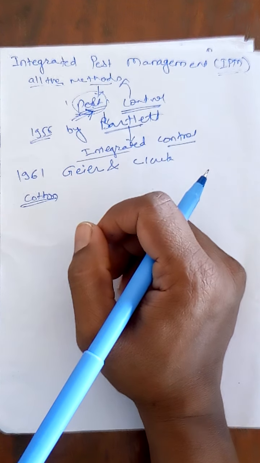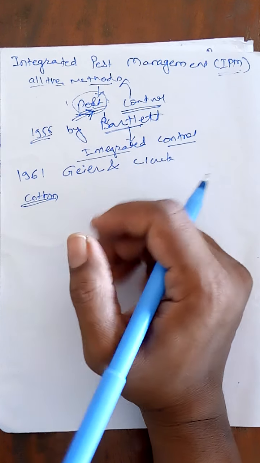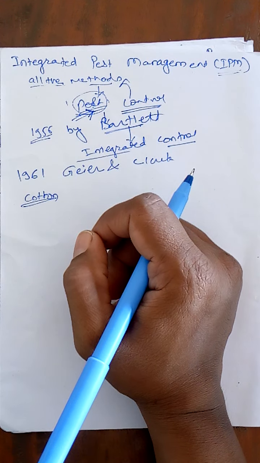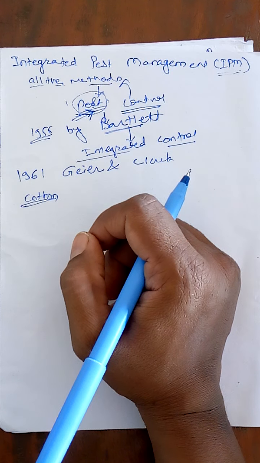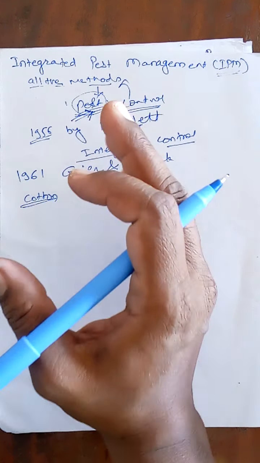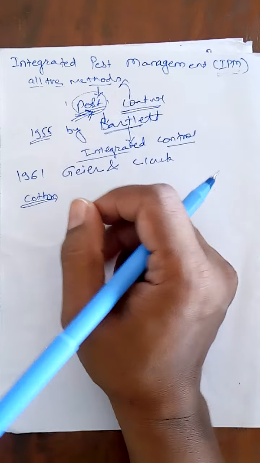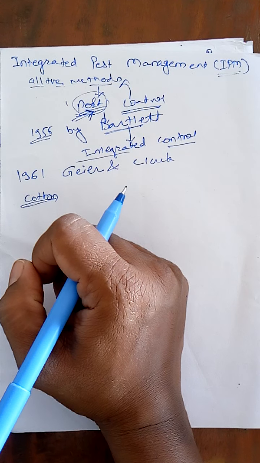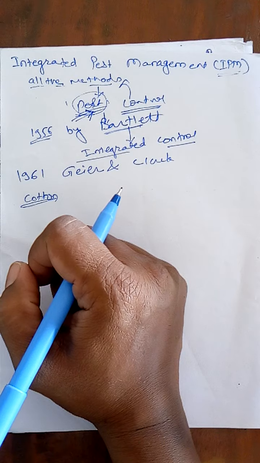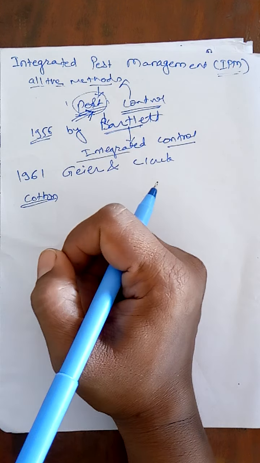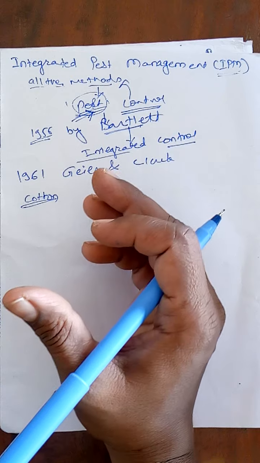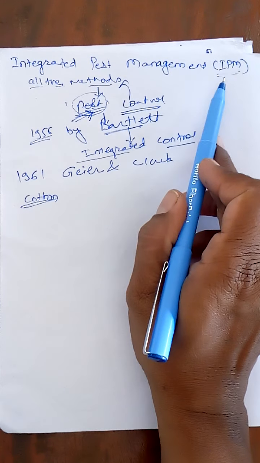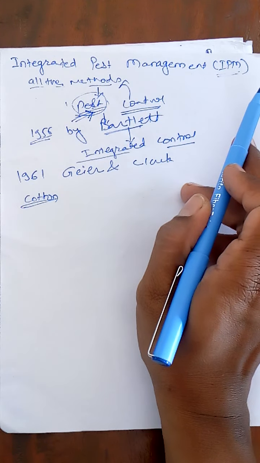Then apple and pear insects are controlled by the IPM method in Nova Scotia, and glasshouse crop pests are also controlled with the help of IPM in the UK. Then tobacco pest management is followed in North Carolina in the USA. So for controlling different types of pests in different countries, farmers use the method we call integrated pest management.